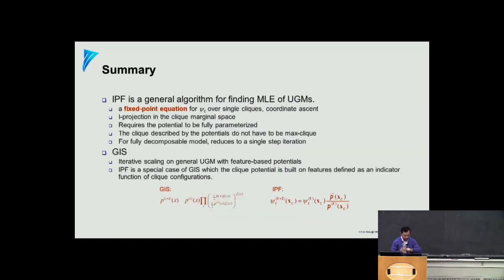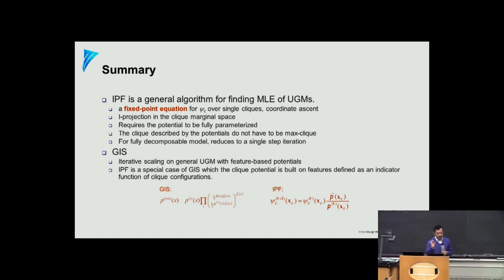Okay, so I want to still spend some time to talk about other important topics. So I'm going to wrap up here on the algebraic details of the two algorithms. In fact, both of them are fixed point iterations. So take home message: fixed point iteration based on a log likelihood based objective.